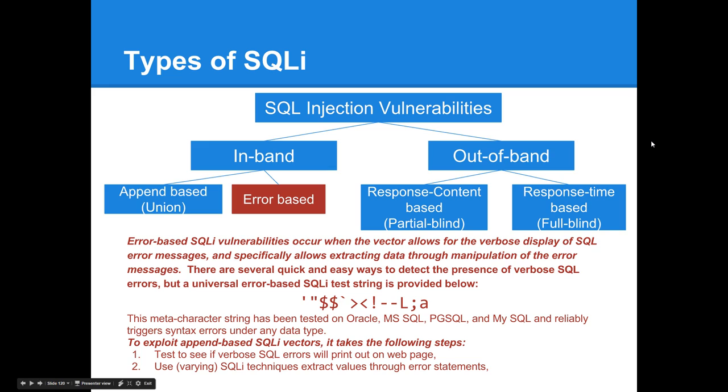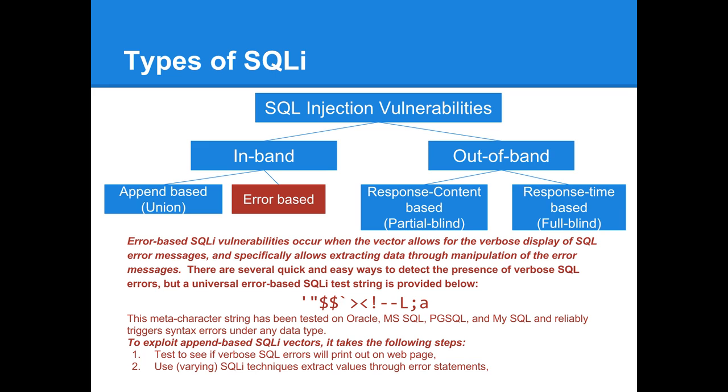For error-based SQL injection vectors, this occurs when the vector allows for the verbose display of SQL error messages. Verbose enough to, in fact, call out what is going wrong and how or why, which allows you to inject, say, variables and data into those verbose statements.